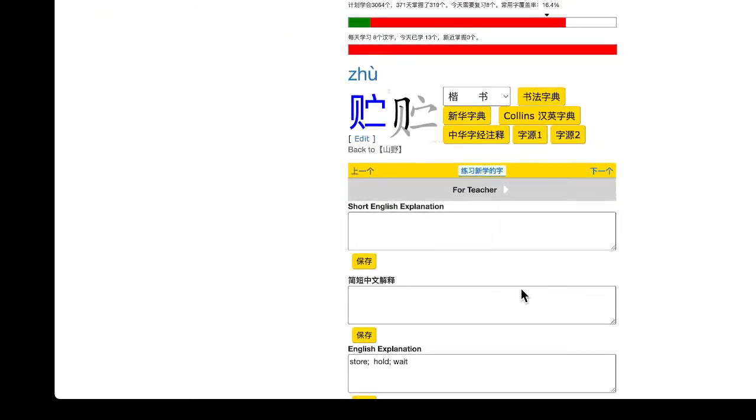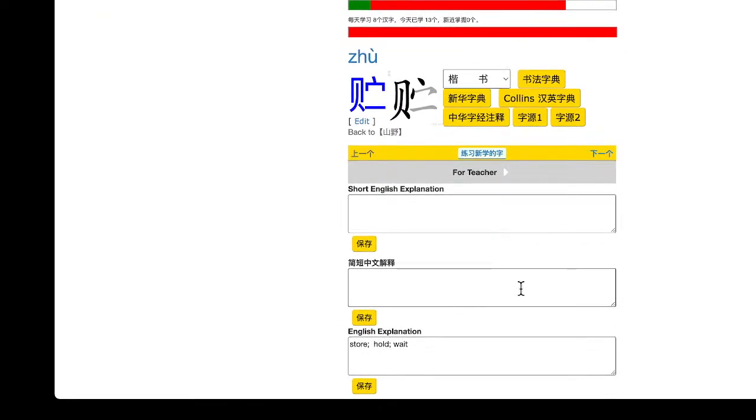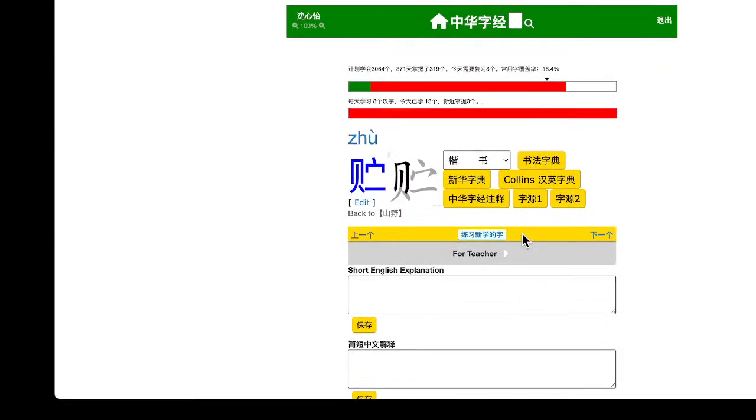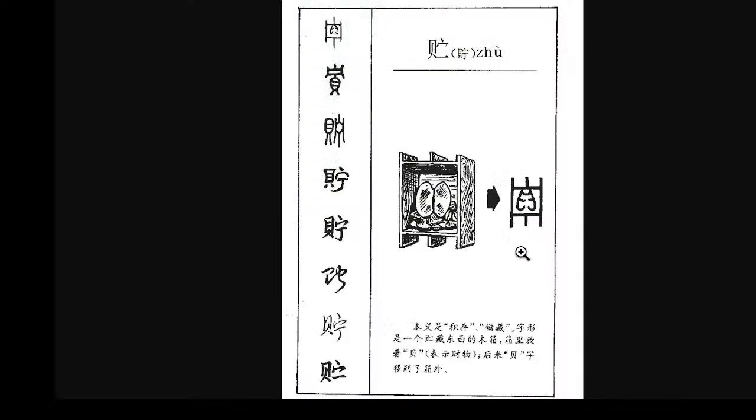住. Now 住 means store, hold, store. Let's take a look at the characters. You can see there's a house on the top, and then there's a 贝, right? 贝 means shell, means money.